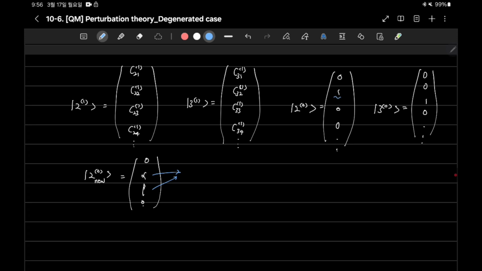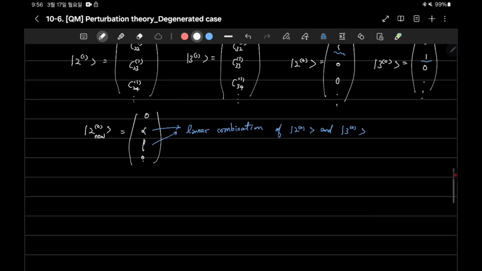Alpha means this term, and beta is this term. So this new state is a linear combination of the 20 state and the 30 state, because it is a new state.